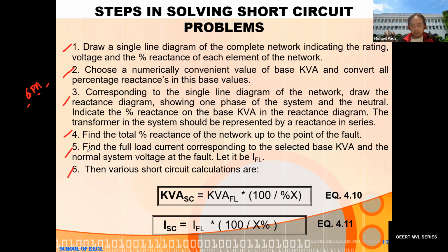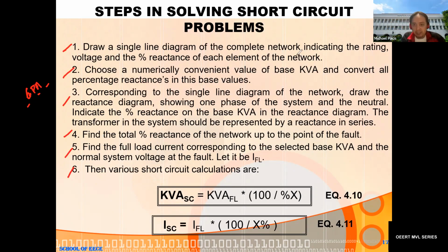Tingnan natin yung procedure one by one. It is a very, very powerful procedure simply because you can solve a small scale power system to a larger scale system. It is still the same method.